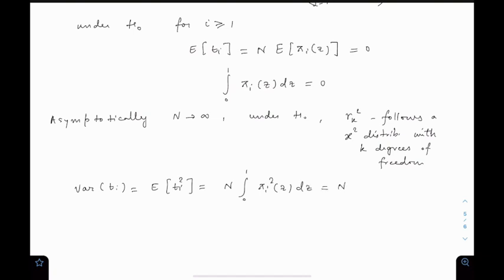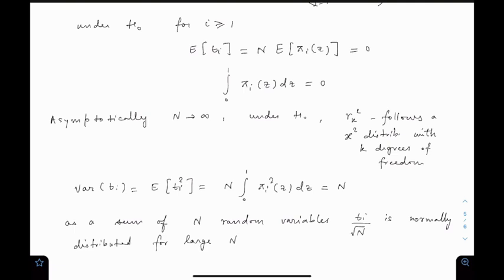and as a sum of n random variables, the statistic is normally distributed for large n with expectation equal to 0 and variance equal to 1.